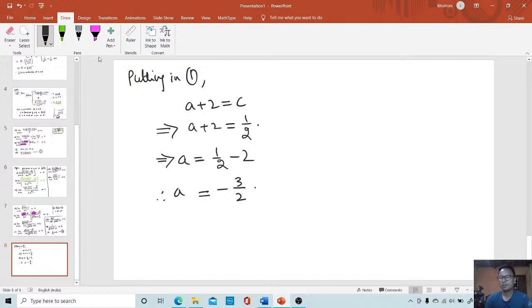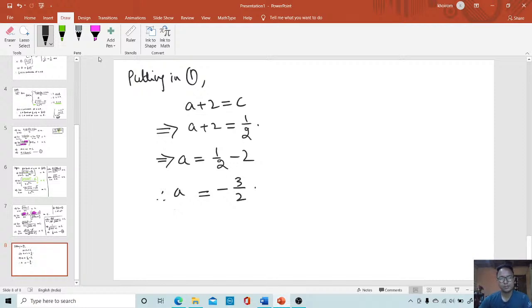How about b? We are having only two equations, right? There are three unknowns. So we can find the value of a and the value of c, but the value of b we cannot find out.